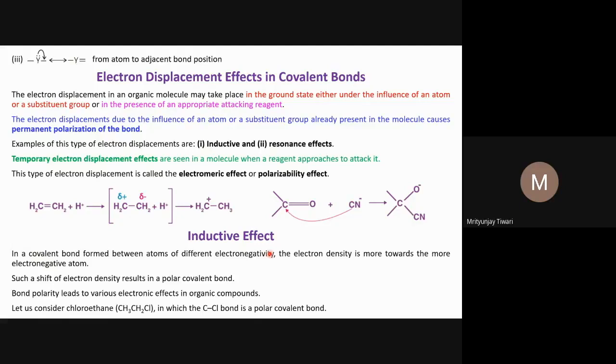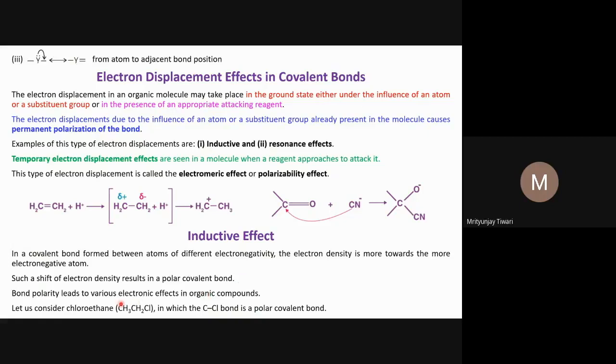And this is what we already know. Such a shift of electron density results in polar covalent bonds. The formation of a polar covalent bond, the shifting of electron density, is the real reason behind the inductive effect, because this difference in electronegativity induces this effect. And so such effects are called inductive effect.